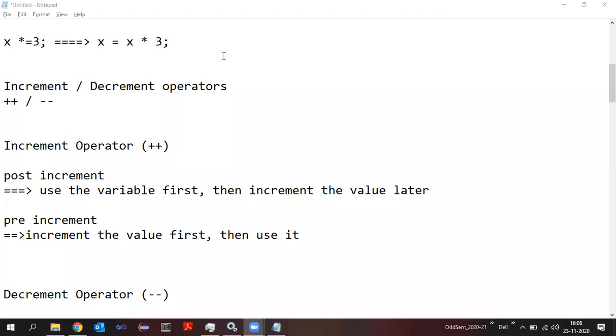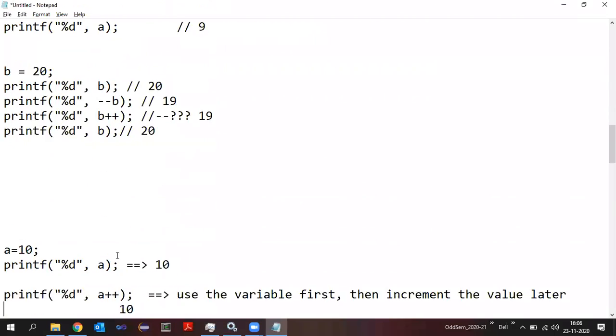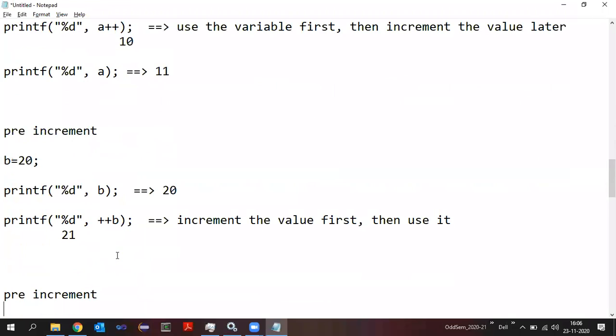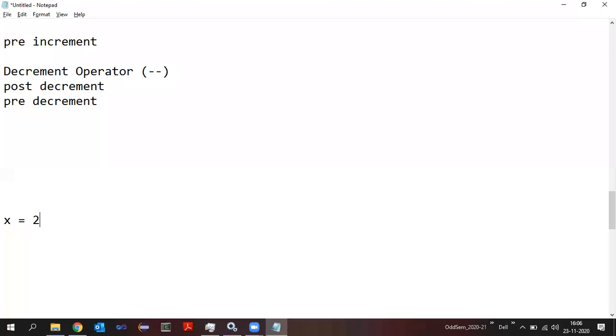Okay, Nikhil, will you unmute yourself? You have certain questions. Yes, sir. If x is equal to 20, then in the increment operator it will be x is equal to x plus 20. This is your question. Okay, probably this is the doubt.